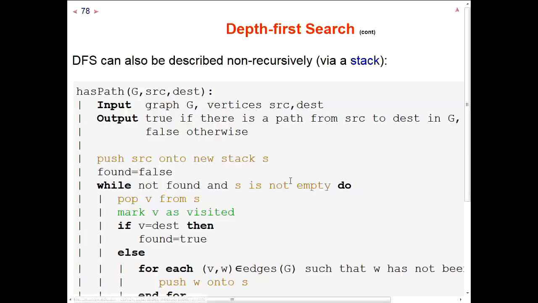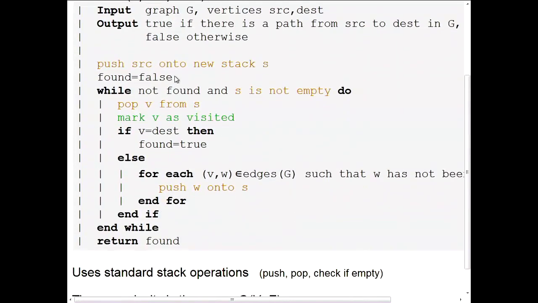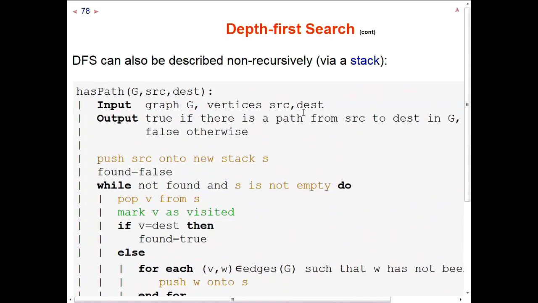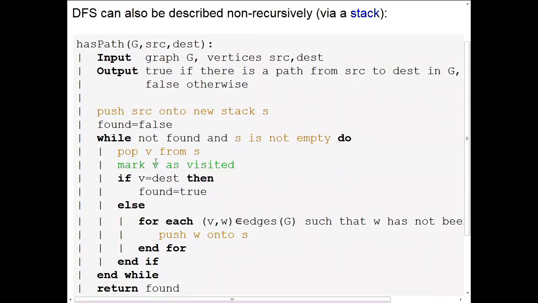And this results in this algorithm, depth-first search using a stack, where you want to find a path from source to destination. You begin by pushing the source onto a new stack as the one and only element. And then you have a while loop while you haven't found your destination and the stack is not empty, that is, you still have alternatives to search through.